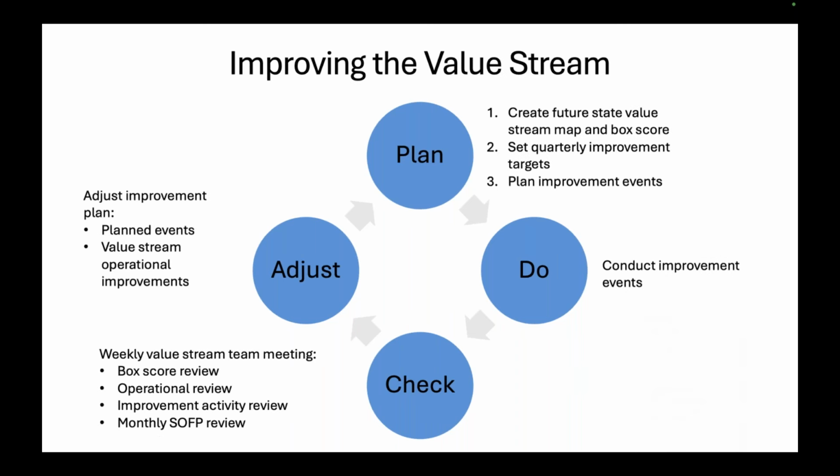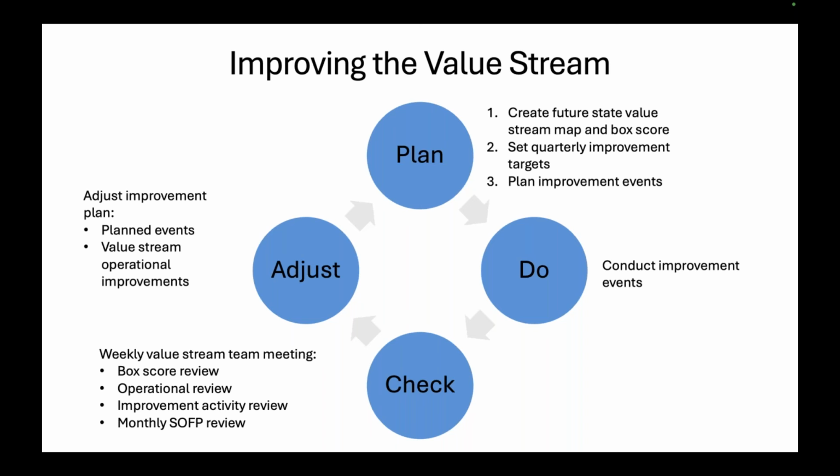So, improving the value stream. The plan step is where you create a future state value stream map. You also create a future state box score.